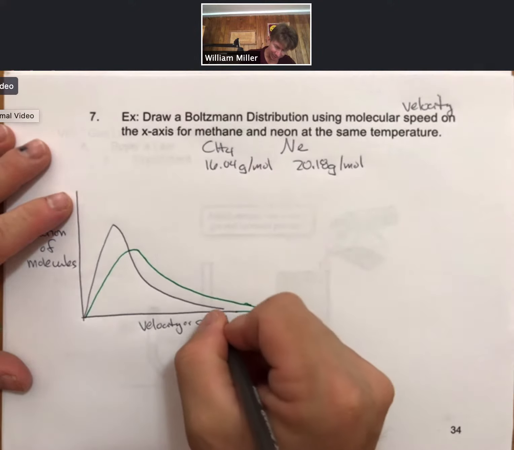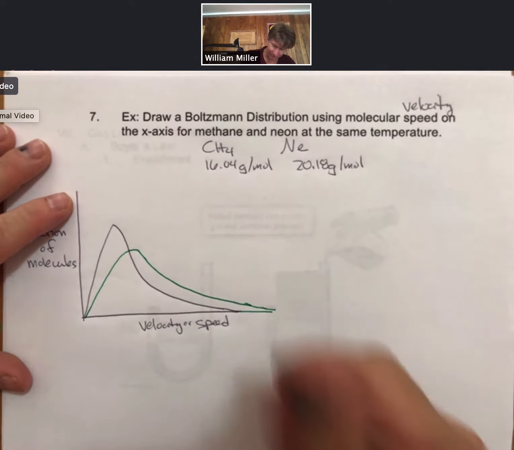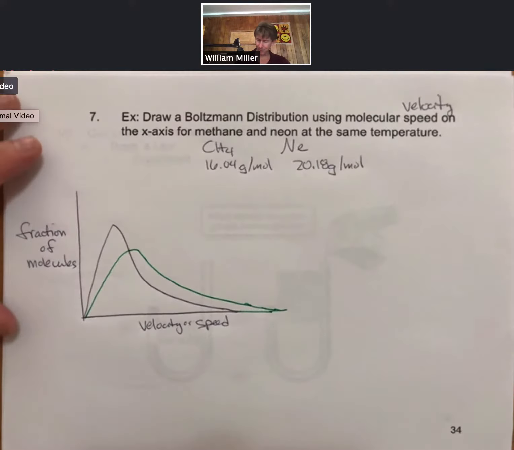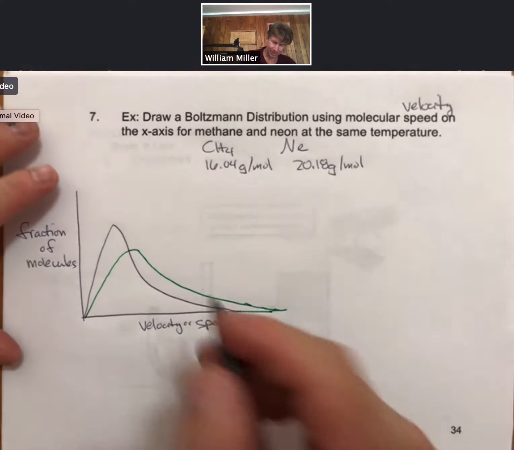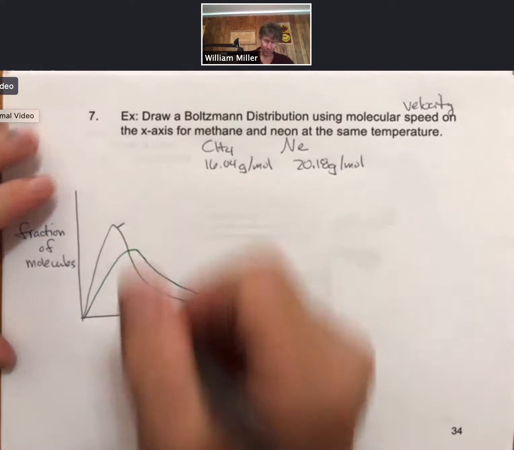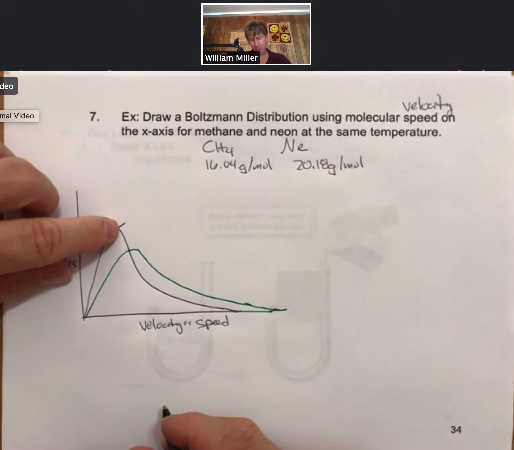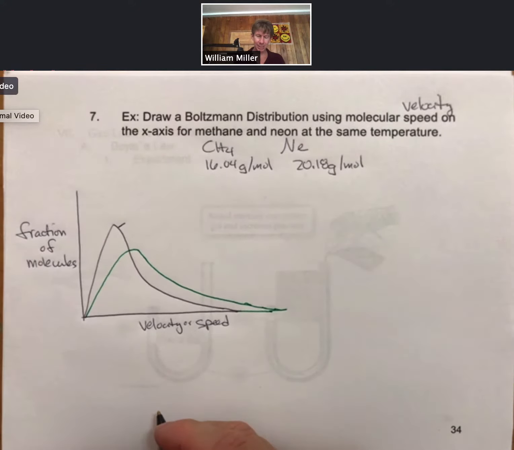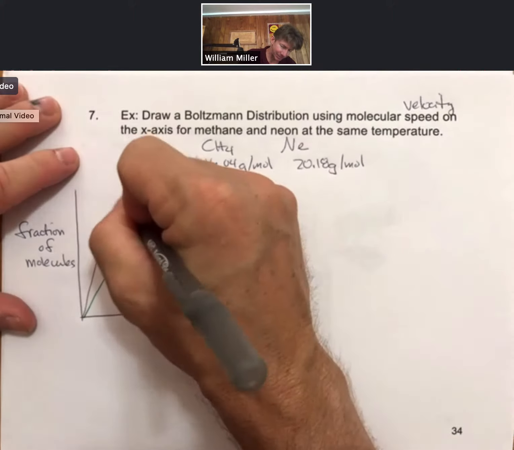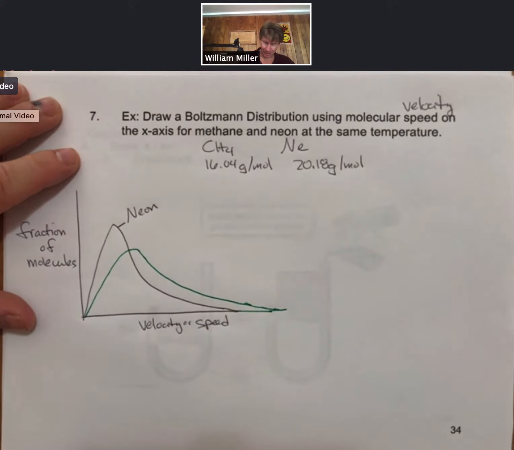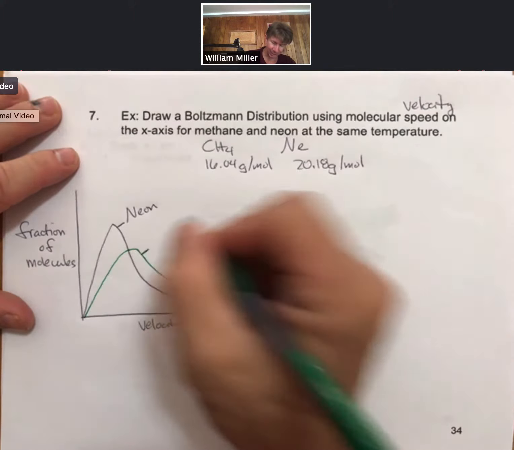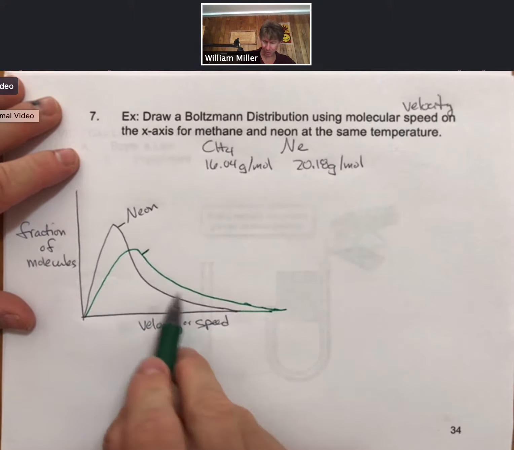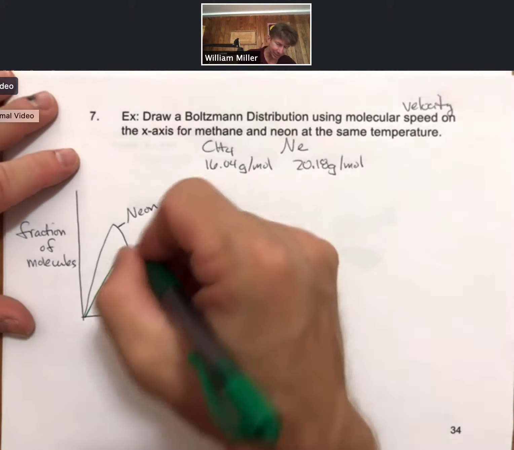The other one has to go all the way back to the x-axis as well. There we go. So we will say that the one with the peak and the average at the lower velocity must be neon. And the one at the higher velocity, and higher meaning farther along the x-axis, must be methane.